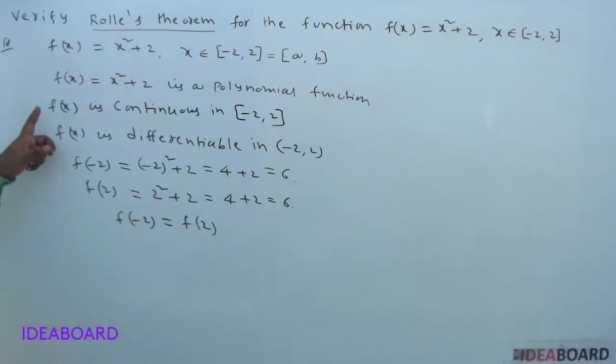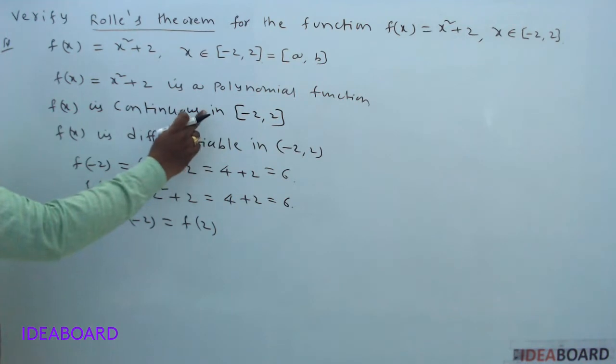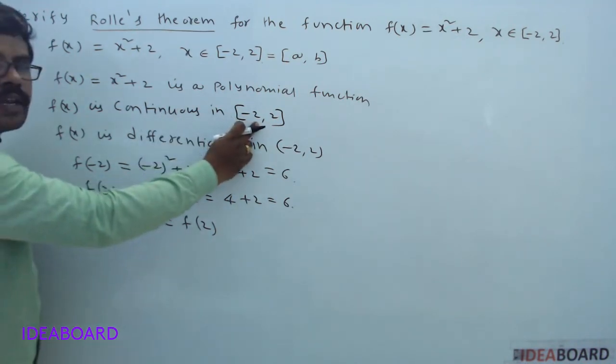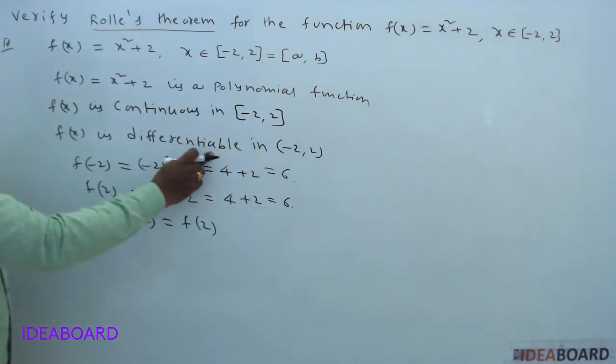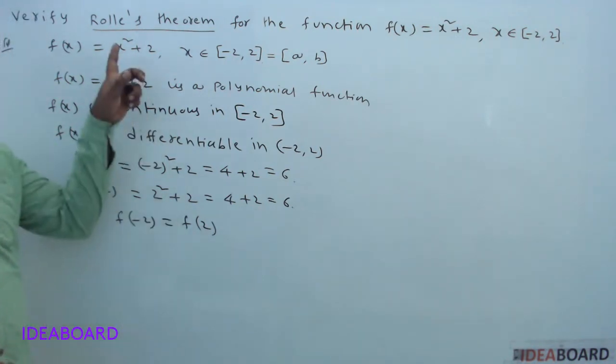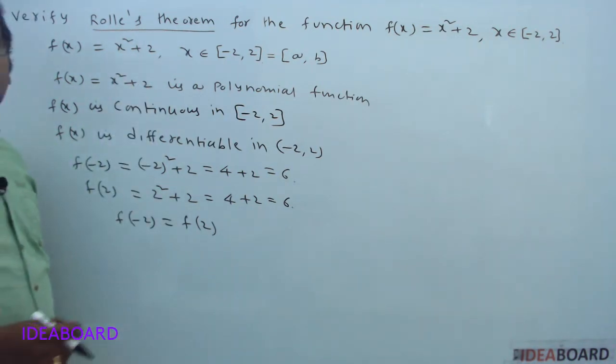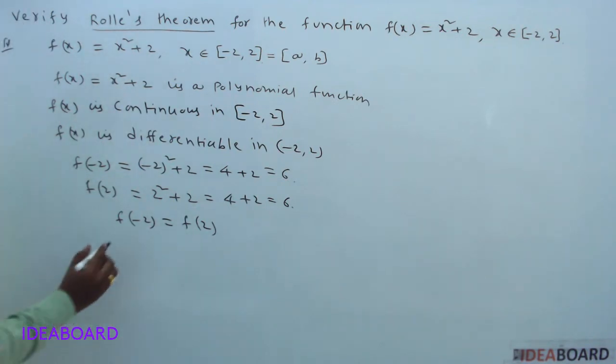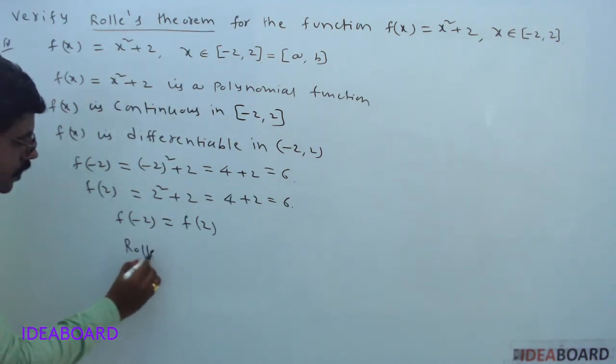Now here f of x satisfies the conditions: continuous in the closed interval minus 2 comma 2, f of x is differentiable in the open interval minus 2 comma 2, and f of minus 2 equals f of 2. It means we say that Rolle's theorem is applicable. What is that one? Rolle's theorem is applicable. Note down that one.